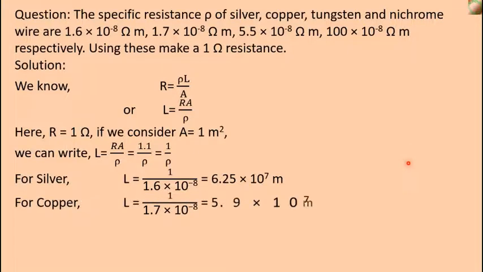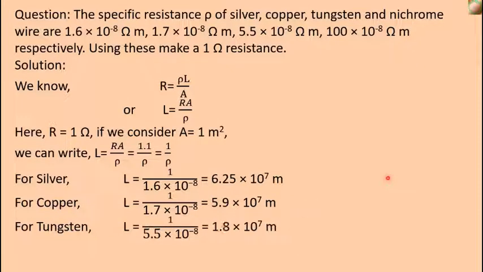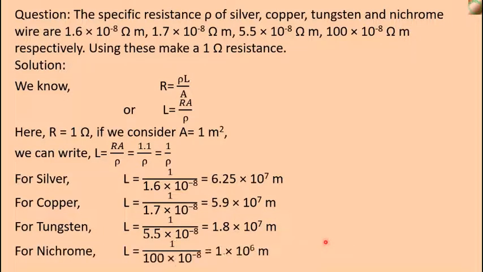Now for copper, 1 divided by the specific resistance of copper gives 5.9 into 10 to the 7 meter, which is also a large length. For tungsten, L is equal to 1.8 into 10 to the 7 meter, also large. For nichrome, 1 into 10 to the 6 meter, also a large length.